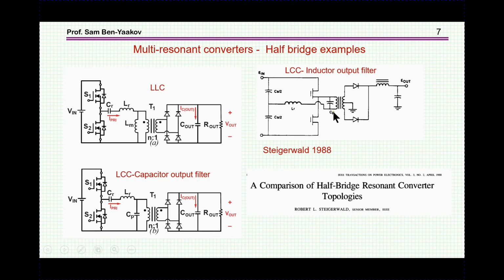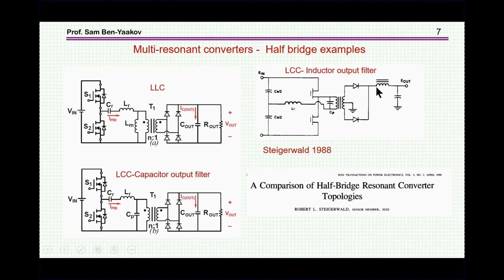We are connected in parallel to a capacitor, which is sort of a voltage source, but the filter is an inductor and a capacitor. And this configuration, as compared to this configuration, has of course, this is series resonant, this is LCC, but you can have this LCC also with an inductor filtering.